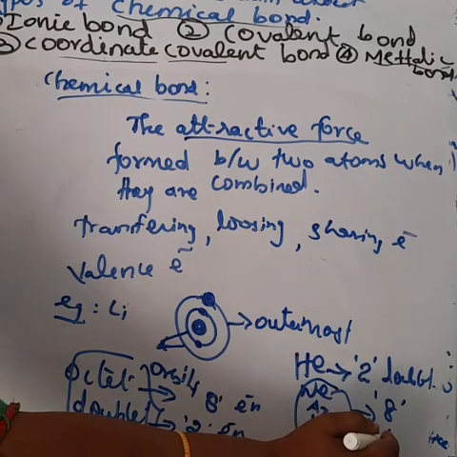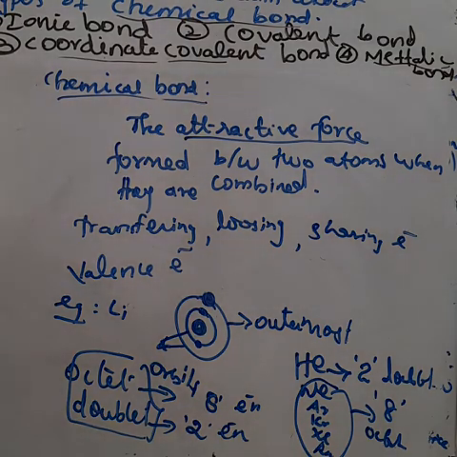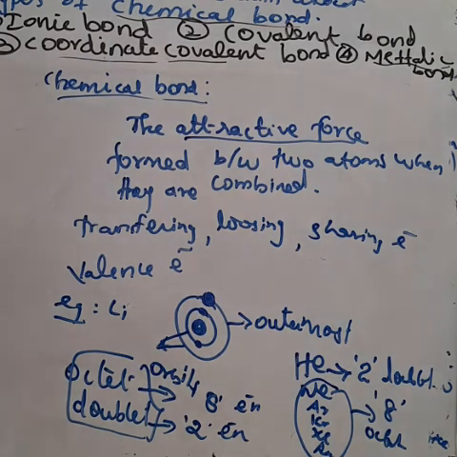So all the other atoms try to get stable electronic configuration by transferring or gaining or losing valence electrons. At the same time, the force of attraction takes place between the atoms. That is called chemical bond. Understood, students? I hope all of you understood.